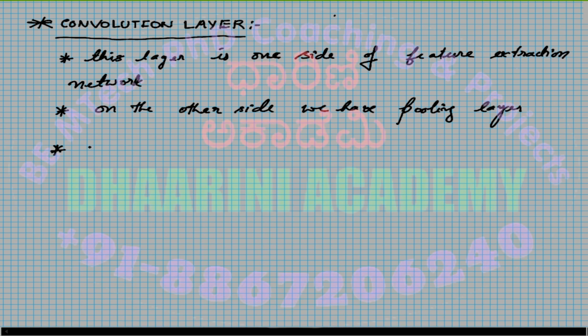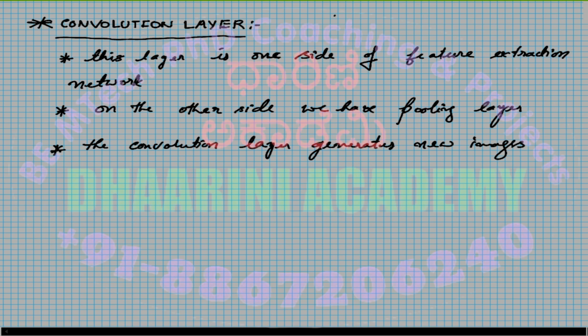The convolution layer generates new images. So why do you call it an image? Because an image is nothing but a matrix representation, correct?